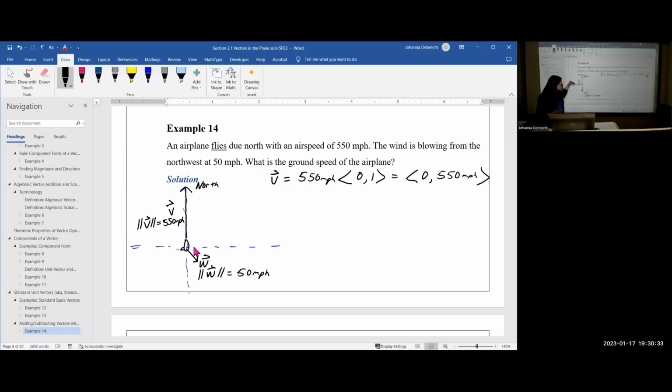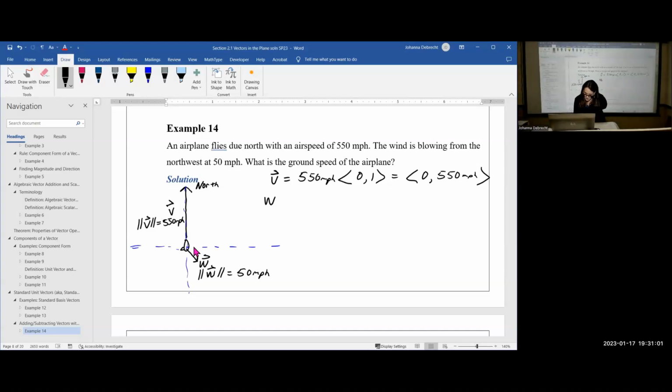Now the wind is blowing towards the southeast from the northwest. So my wind is at a 45-degree angle here, but I just did one of those. And I said on a 45, 45, 90, the magnitude is 1, and it's 1 over the square root of 2, cosine and sine of 45 degrees. And because I'm in quadrant 4, the x component is positive and the y component is negative.